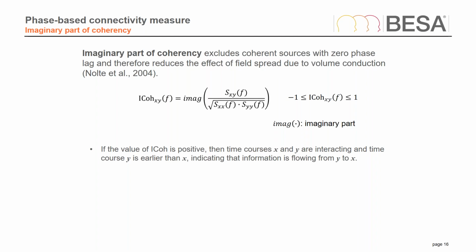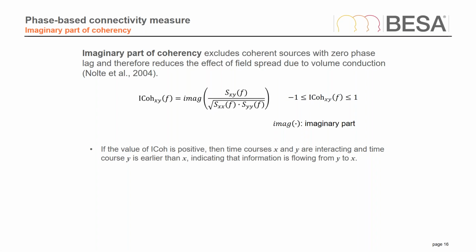So then the imaginary part of coherency was introduced to exclude that phenomenon. Coherent sources with 0 phase lag would no longer result in a value of imaginary part of coherency, basically by using the imaginary parts of these calculations.